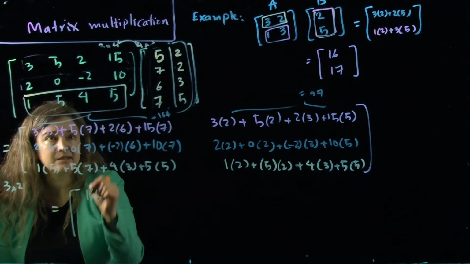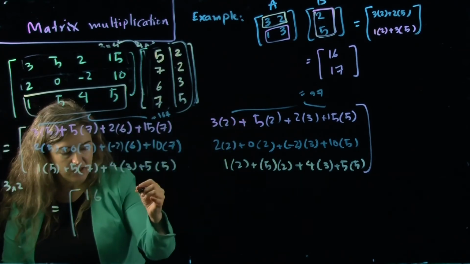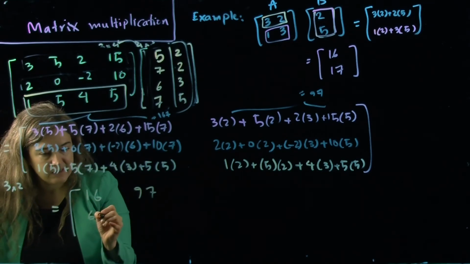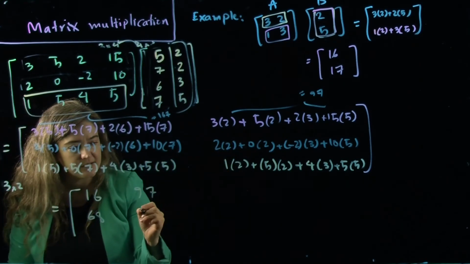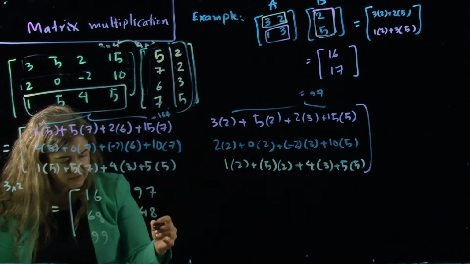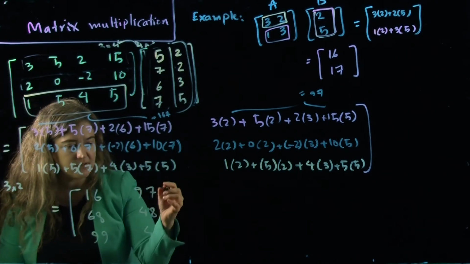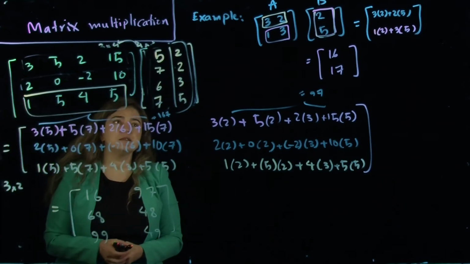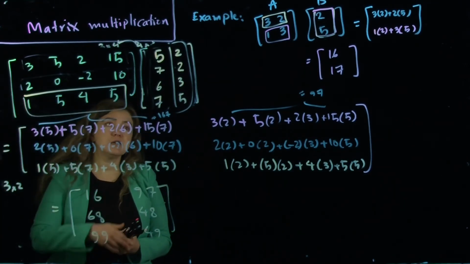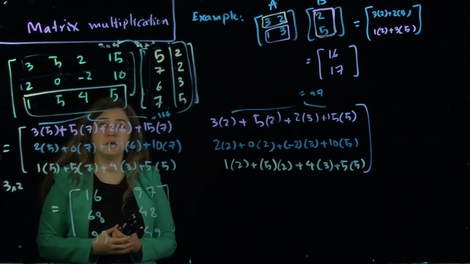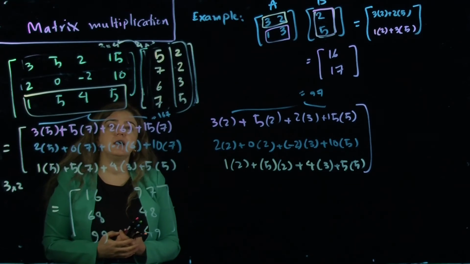So I got 167 for that one, 97 for that one. For this, 68, for that, 48, for this, 99, and for this, 49. And so this concludes the second example for matrix multiplication.